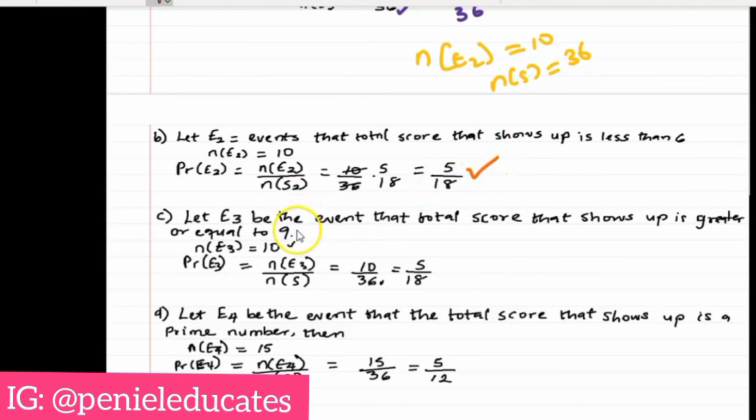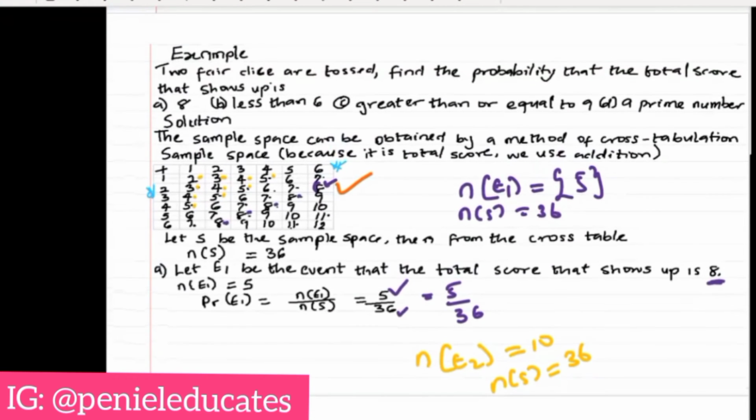Now, we want to find the event that the total score that shows up is greater than or equal to 9. Let us look at that. From this place we have 9 here. 1, we have 2, 3, 4, 5, 6, 7, 8, 9, 10.